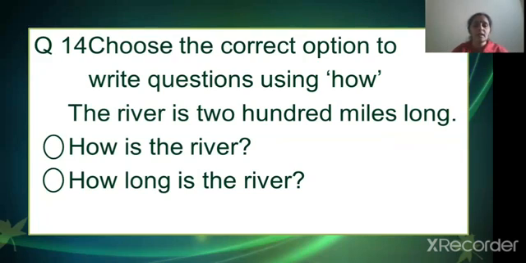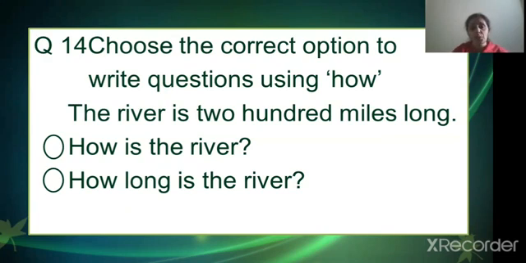Choose the correct option to write the questions using how. Now again here we're going to frame questions using how. The river is 200 miles long. The questions here are: how is the river, or how long is the river?